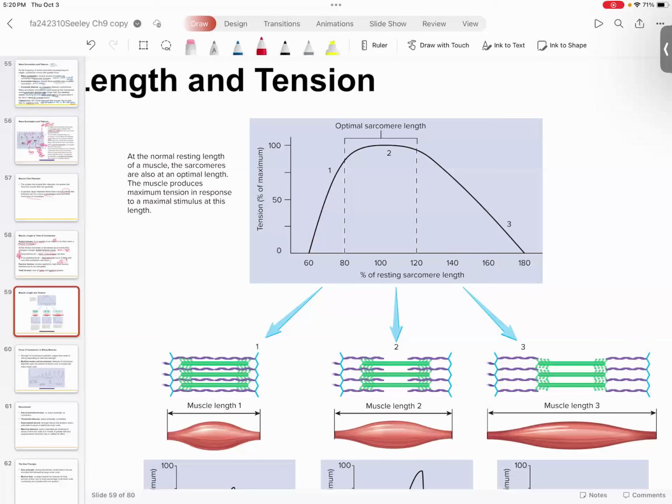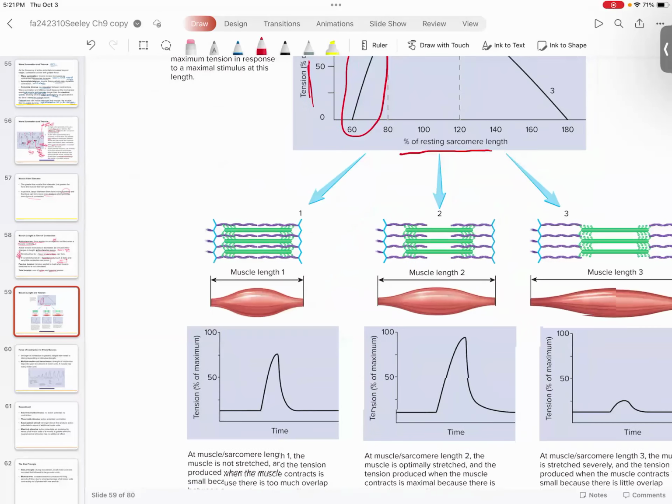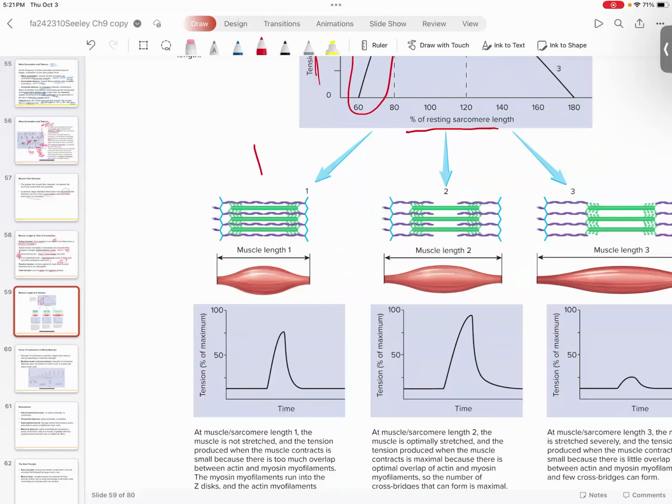So you'll see the tension as a percentage of your total tension, and the percent of resting sarcomeric length. So it's the length of the sarcomeres, right? So basically what you're going to see is you have an optimum length. So if you are down in area number 1, that basically means you're in this particular area.